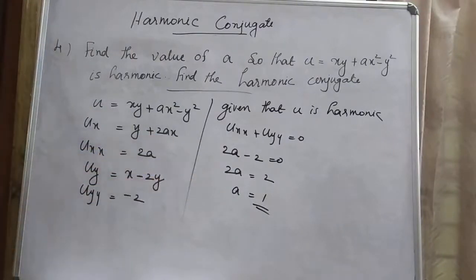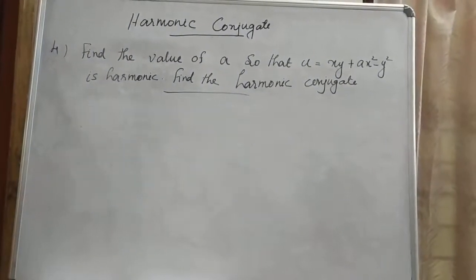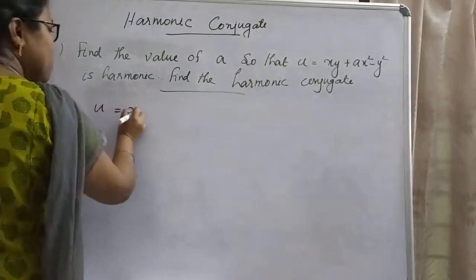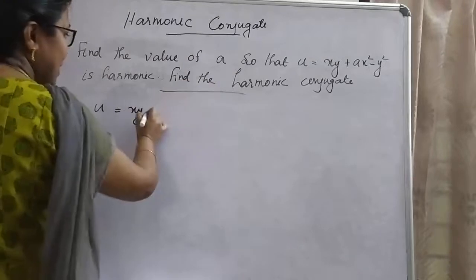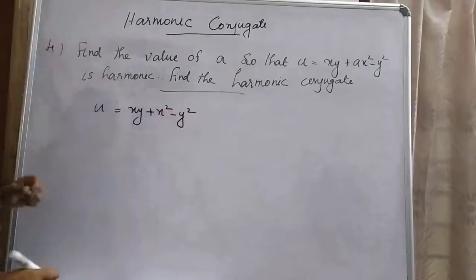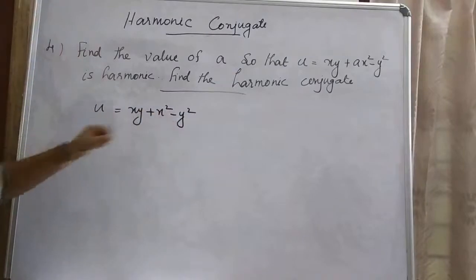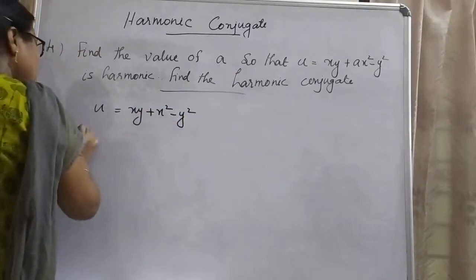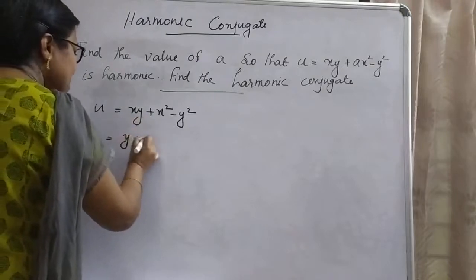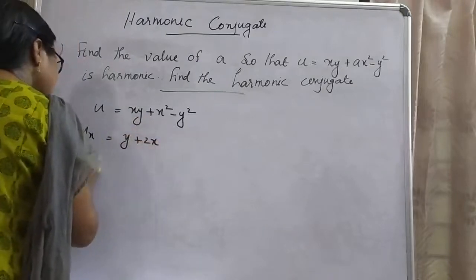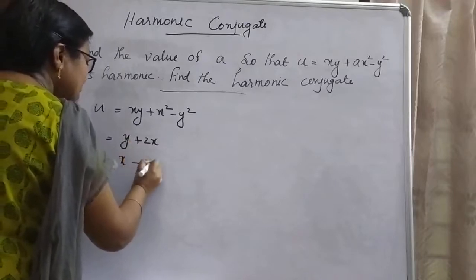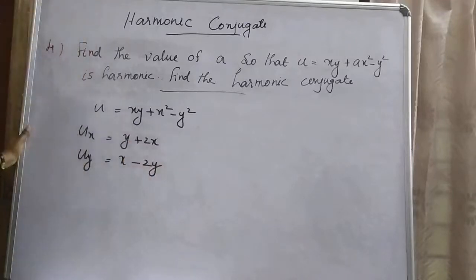Now, u can be written as u equal to xy plus a is 1. Therefore, plus x square minus y square. This is u. Now, ux is y plus 2x. uy is x minus 2y.